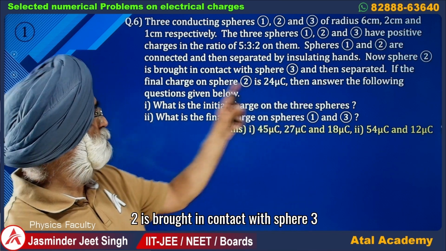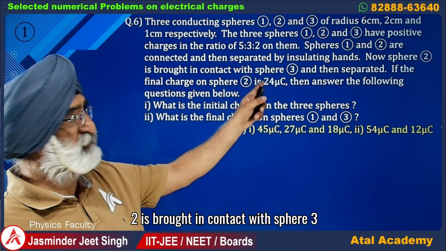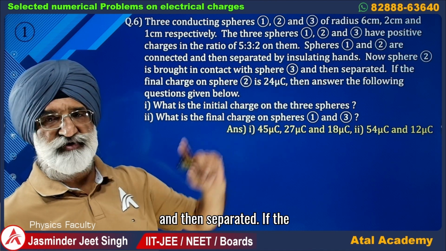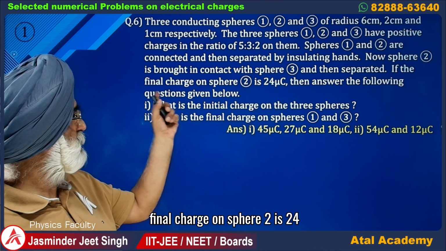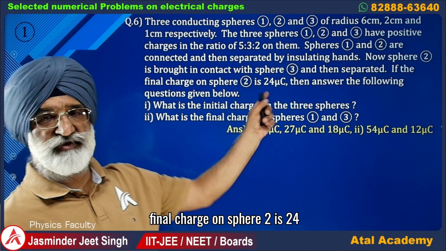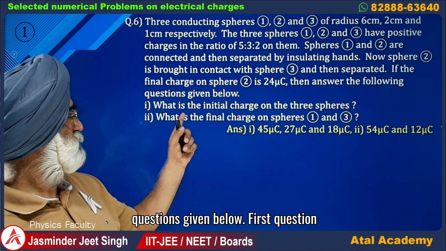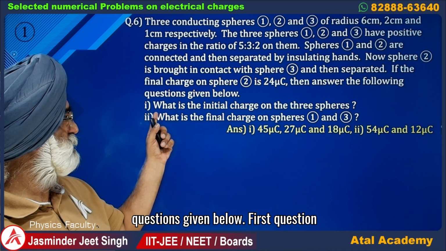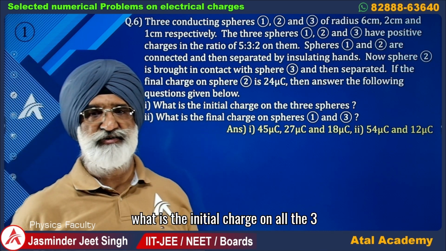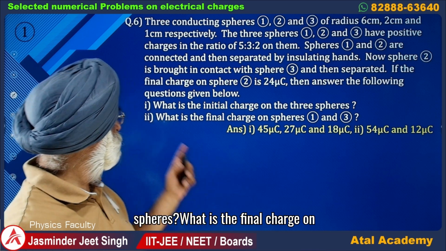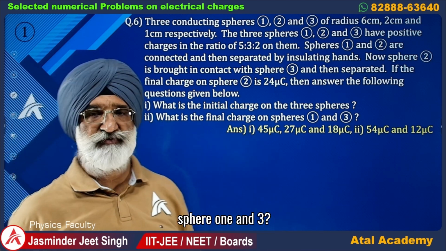Now sphere 2 is brought in contact with sphere 3 and then separated. If the final charge on sphere 2 is 24 microcoulomb, then answer the following questions given below. First question, what is the initial charge on all the 3 spheres? What is the final charge on sphere 1 and 3?